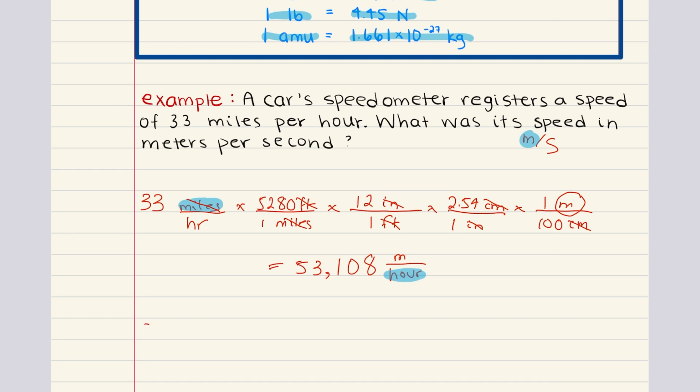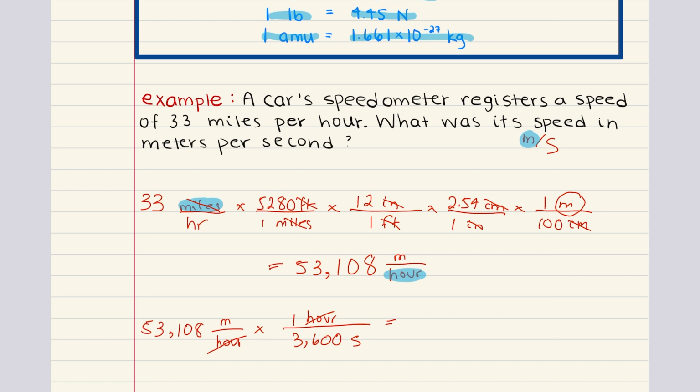So we know we have 53,108 meters per hour. So let's apply all the necessary conversions to go from hour to seconds. We know that in 1 hour, there is 3,600 seconds. So this way we get rid of our hour unit, and we're going to be left with units of seconds.